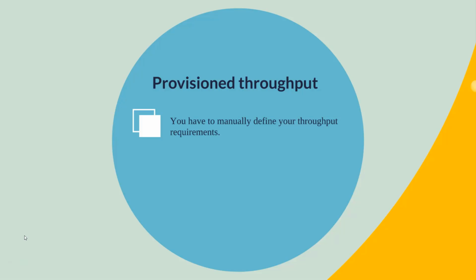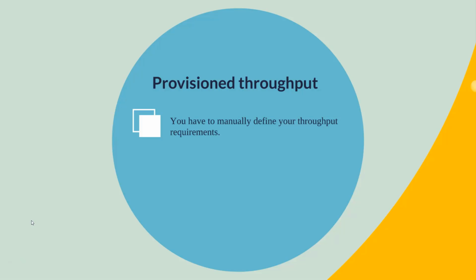Suppose, take an example that you want to read 80 items per second from a table and those items are 3 KB in size and you want strongly consistent reads. So for this scenario, each read requires one provisioned read capacity unit. To determine this, you divide the item size of the operation by 4 KB and then round up to the nearest whole number.